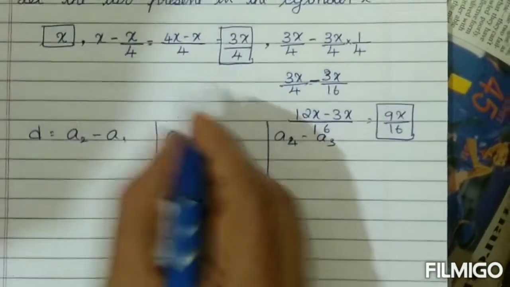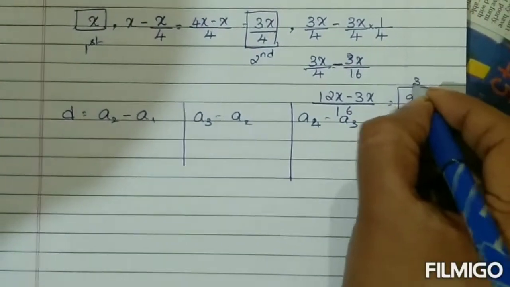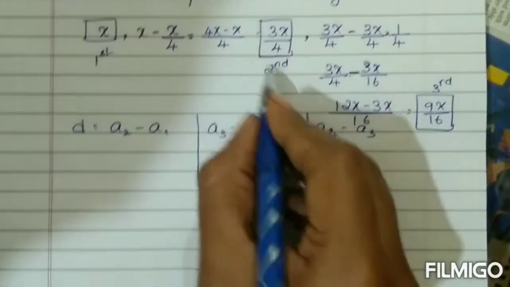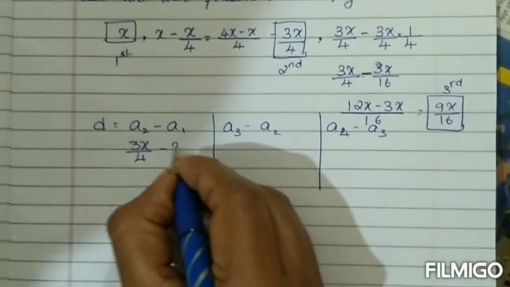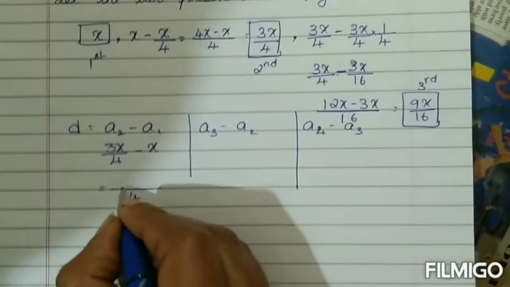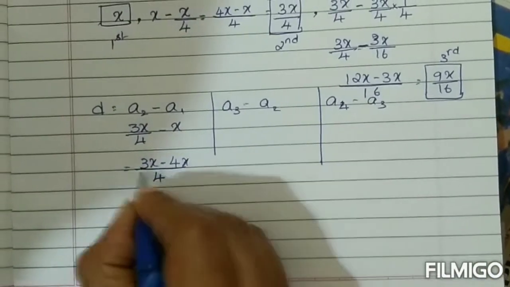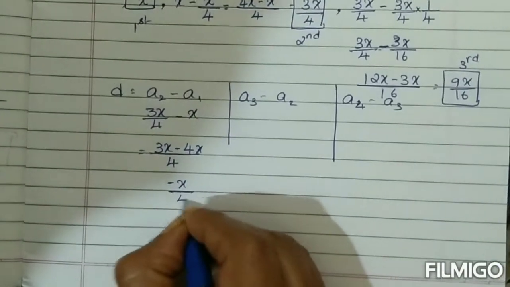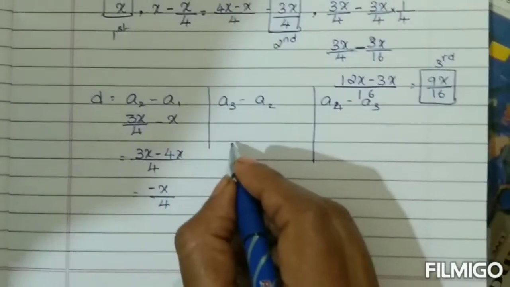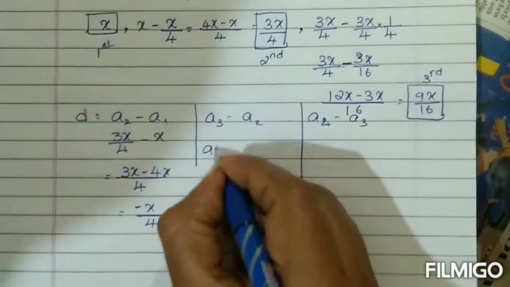The second term is 3x divided by 4 and the first term is x. Simplify by taking the LCM: 3x minus 4x is minus 1x. Don't forget the minus.